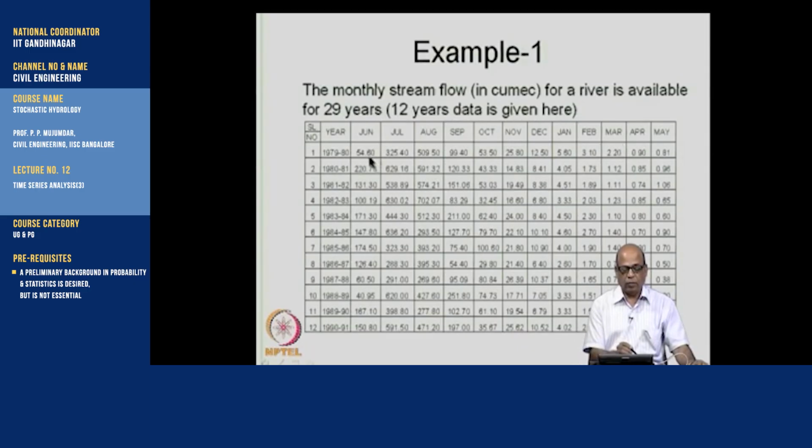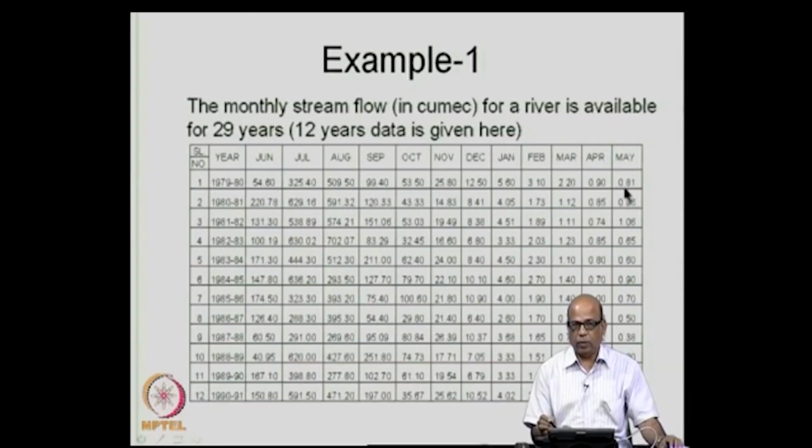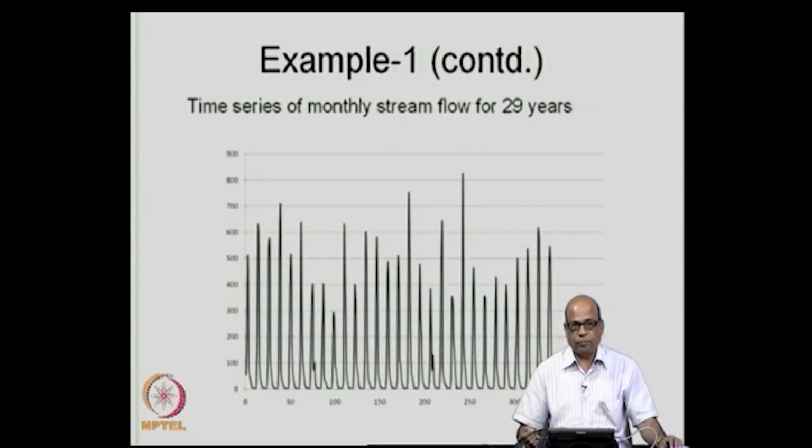Similarly, you take the pairs June, July and get rho 1, July, August rho 2, etcetera, then May and June as rho 12. When you are considering the last month, the 12th month, the correlation will be with respect to the next following month, which will be June. So, you will estimate all the parameters based on this data and use them in the model.